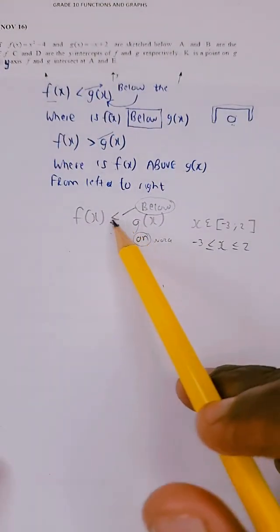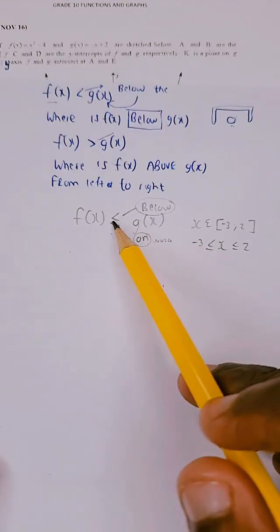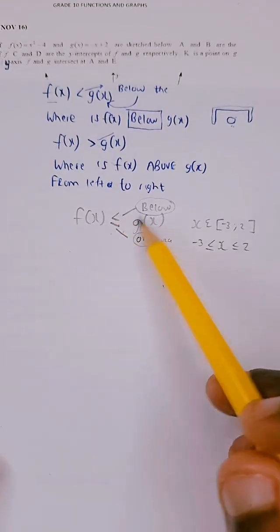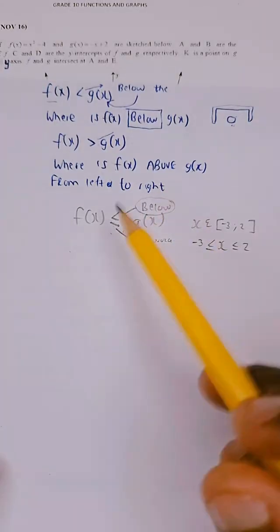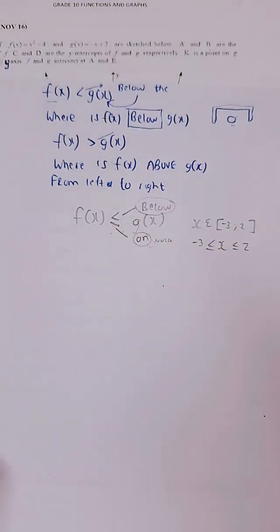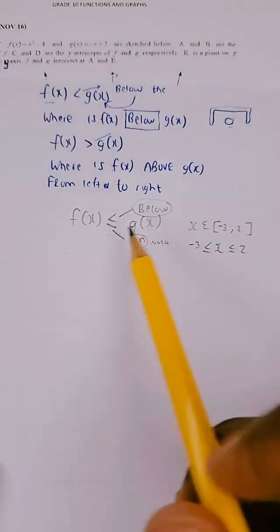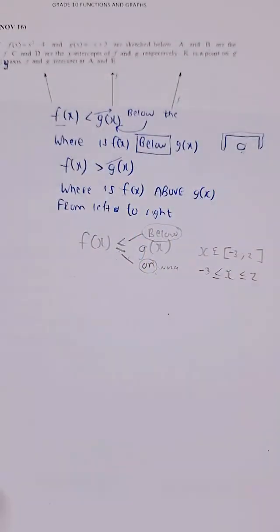When we say f of x less than g of x, it means below. Equal means on. So that when we write our answer, we know what kind of brackets to write. That's the first thing. We need to first interpret this correctly.